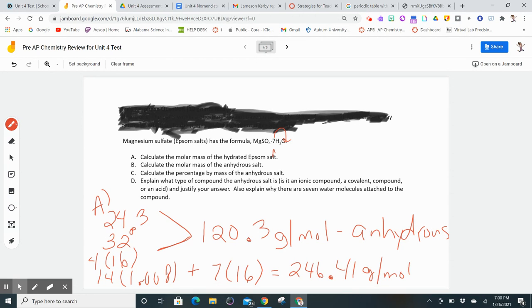Okay. Then it says calculate the percent by mass of the anhydrous salt. So to do C, since it's a percentage, we're going to take the 120.3 grams of the anhydrous salt and divide it by the total number of grams of the compound. So that's going to be 120.3 divided by 246.41 times 100.